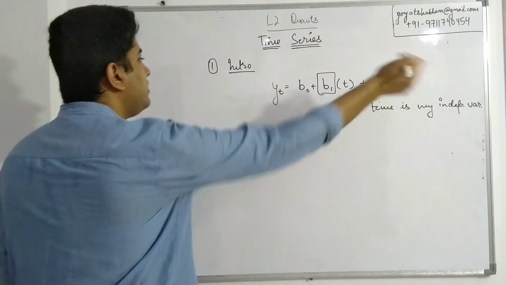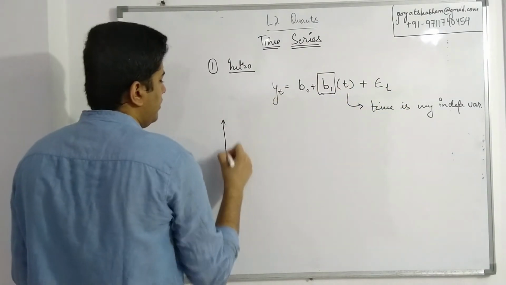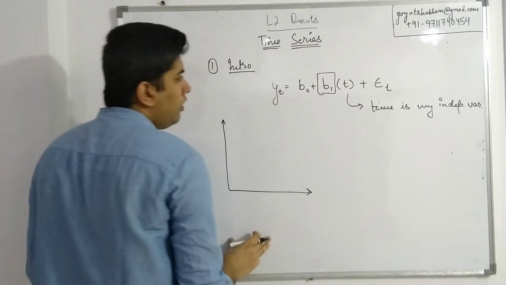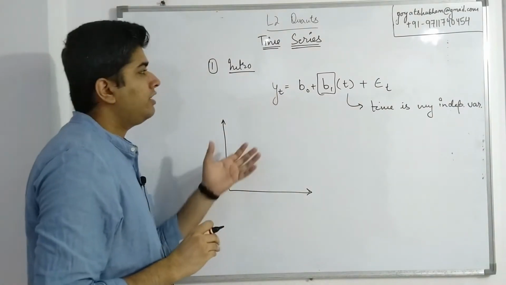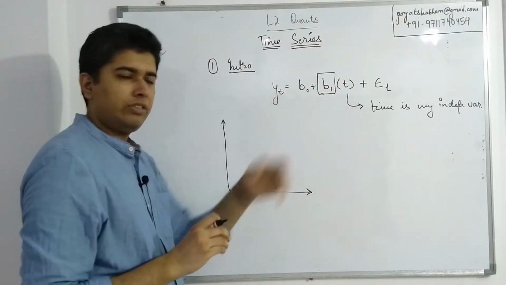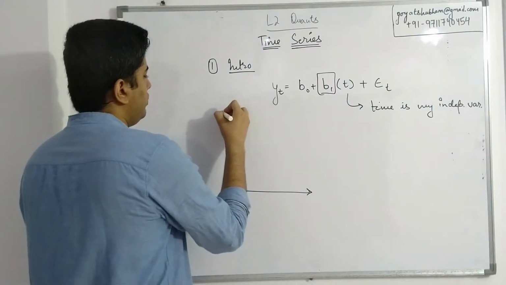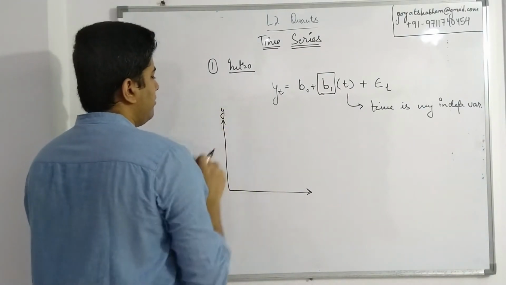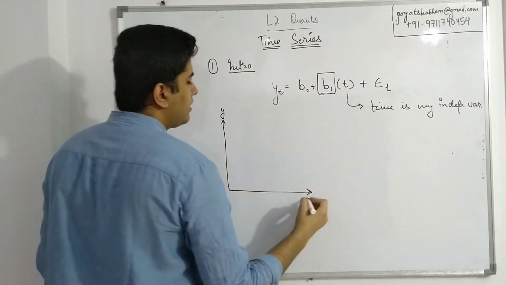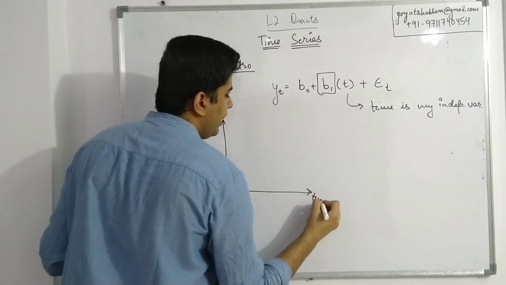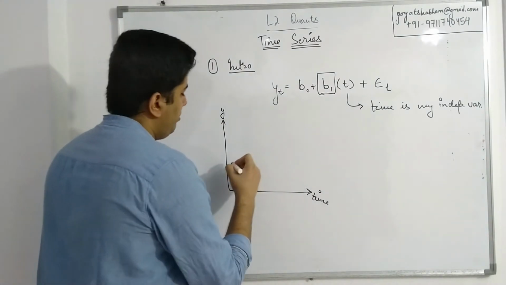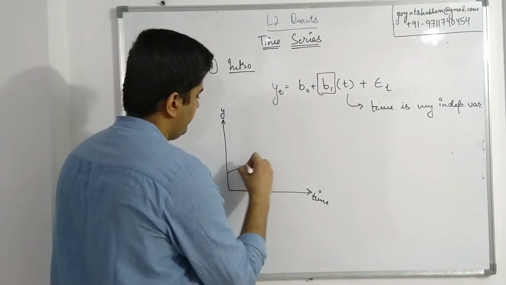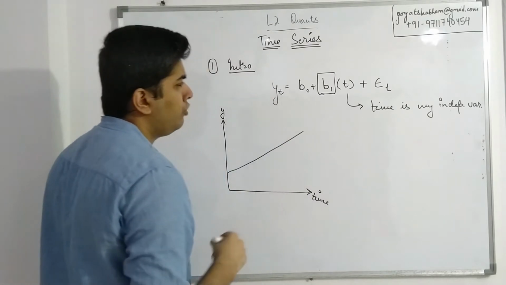So let's look at some graphs. This particular equation is a case of linear regression itself. If I were to draw a graph, I would have y on the y-axis, and on the x-axis we'll have time. The equation would be something like this, assuming b1 is positive.